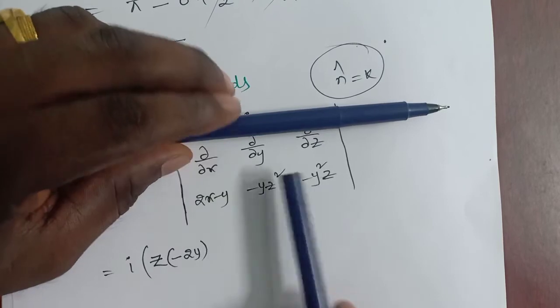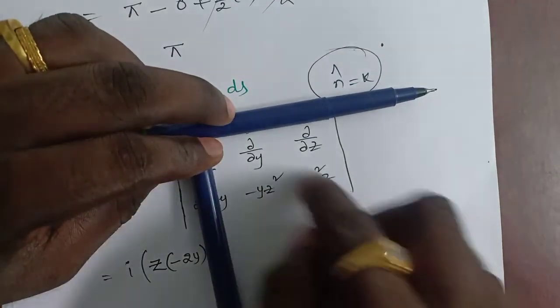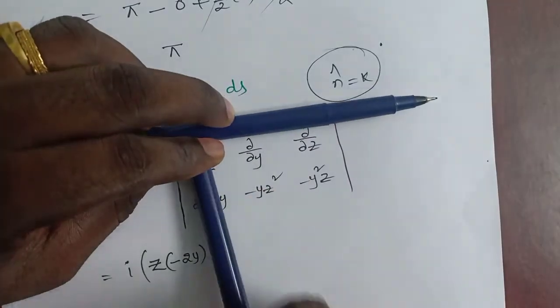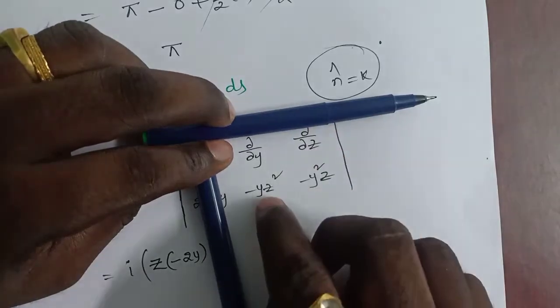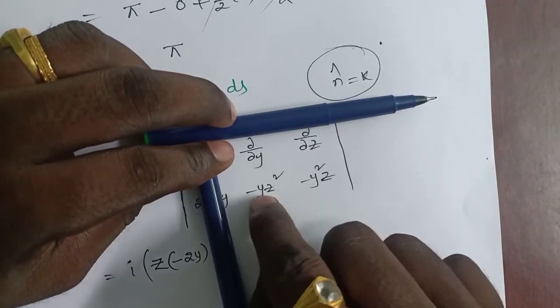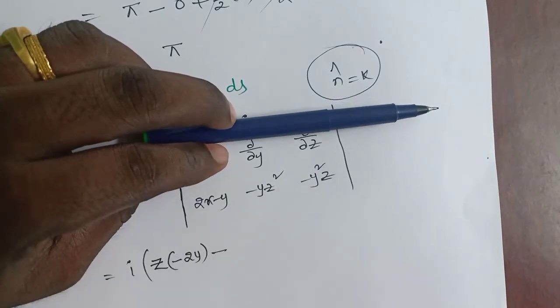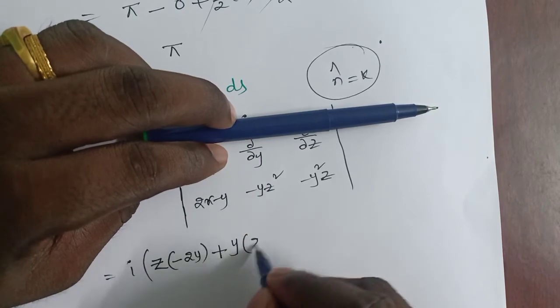And then next, this one is over. Now coming to this one, it is minus of dou by dou z of minus yz square. If you want to differentiate with respect to z, treat y as constant, so that minus of minus is what? Y. Then coming to the z square, it is 2z.